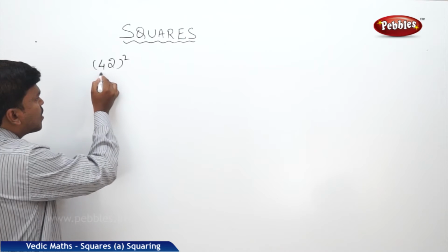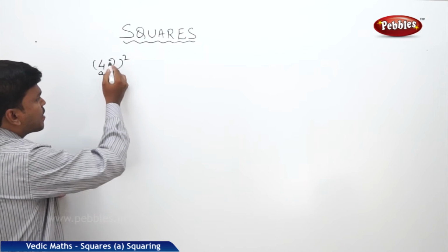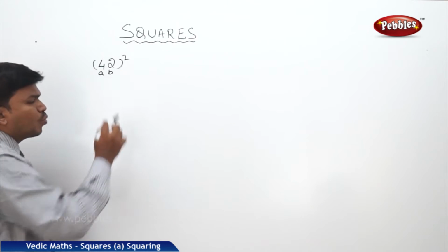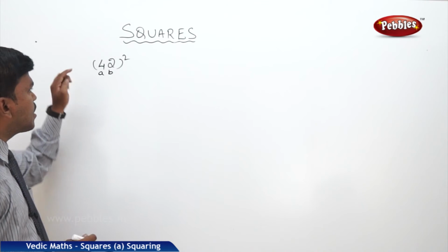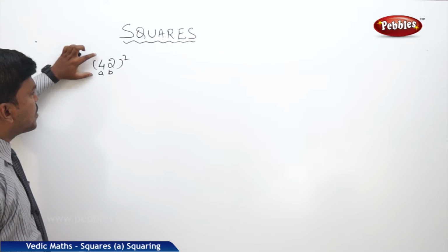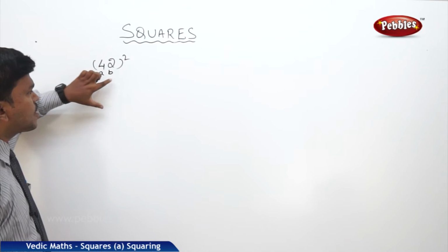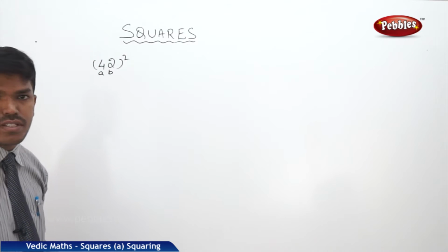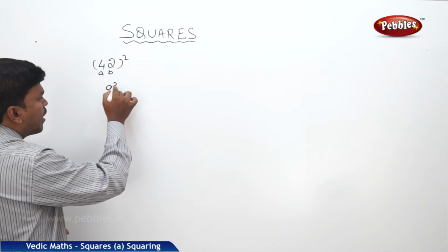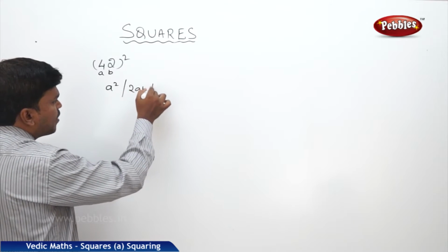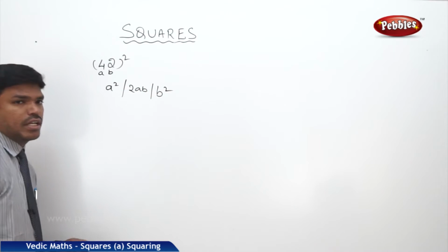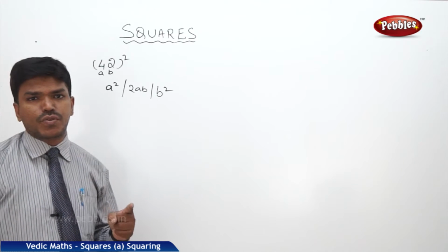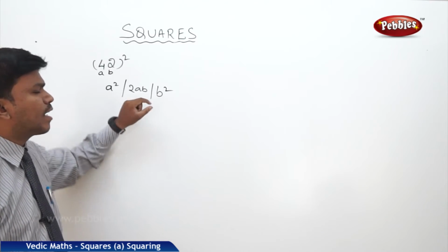Just imagine this 4, the tens place digit, as A, and the ones place digit 2 as B. And the formula to find out this square is A square, 2AB, B square. And in between, balancing lines.